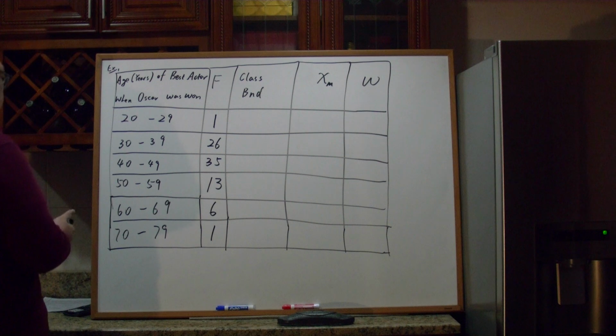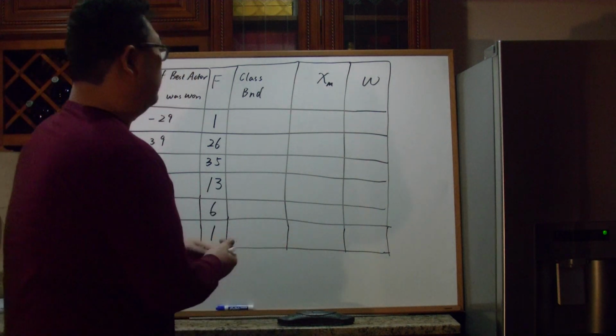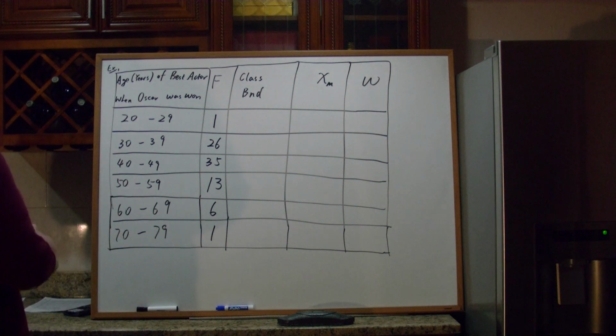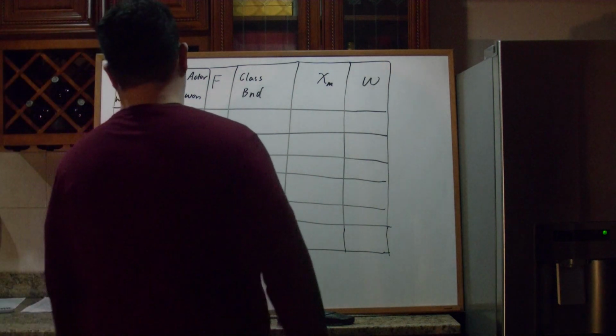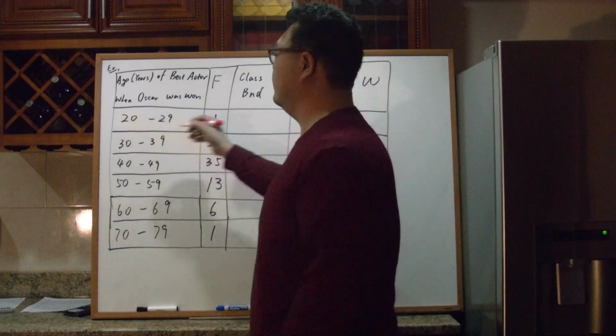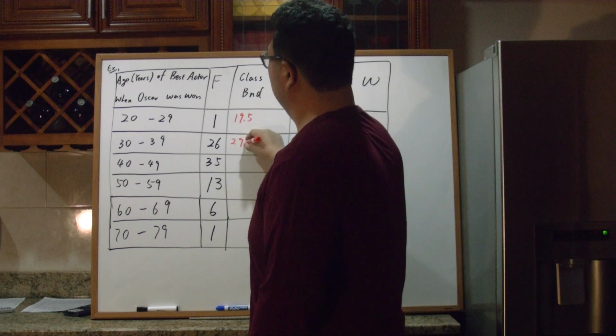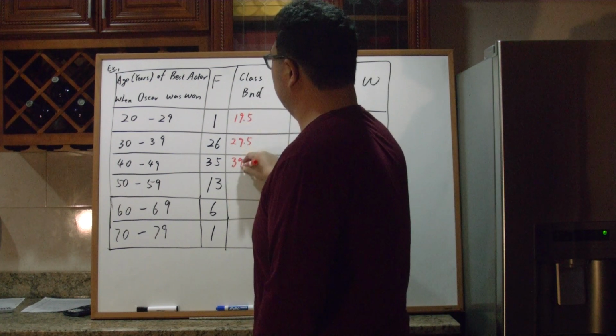Then from that frequency distribution, we want to find the class boundaries, class midpoint, and class width. Right, class boundary, if you remember the formula, we subtract 0.5 from the lower limit, so 19.5, 29.5, 39.5.